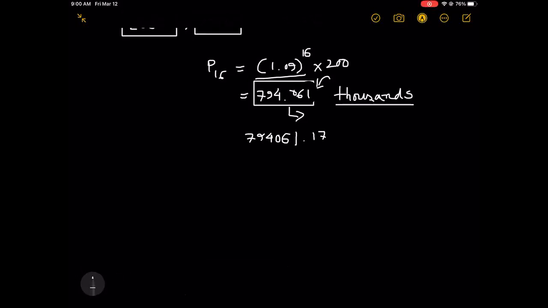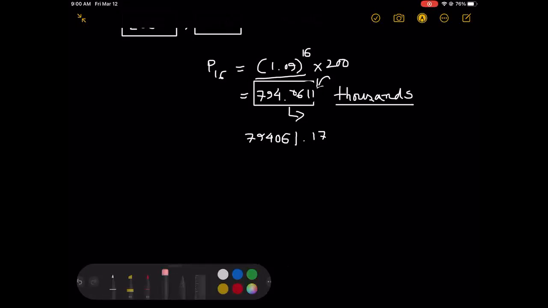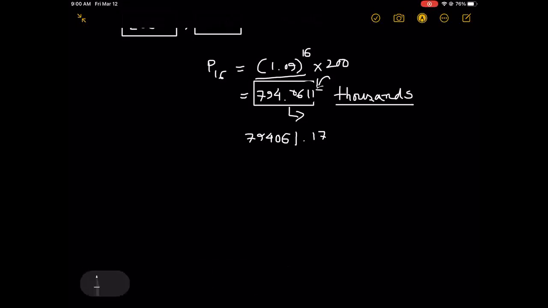You can add one or two more values after the decimal to cross check. Sorry, I wrote 2, it should be 7. So this is up to 5 decimal points. You can see if we multiply it by 1,000, we reach this population, and after the decimal, it's less than half, right?